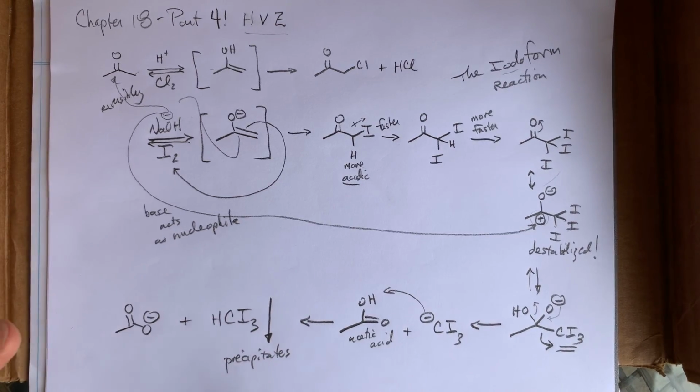And so if you take an unknown compound and you treat it with base, sodium hydroxide, and I2, and you see a yellow precipitate form, that is a positive iodoform reaction.